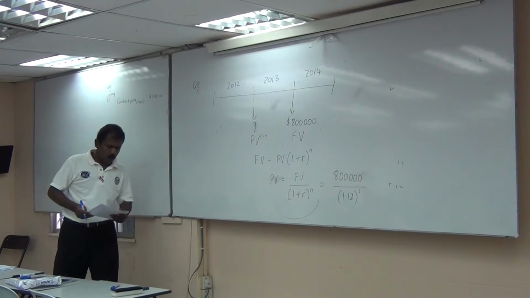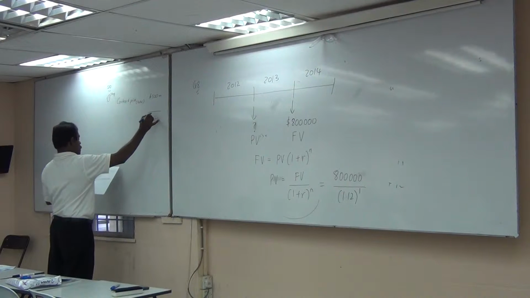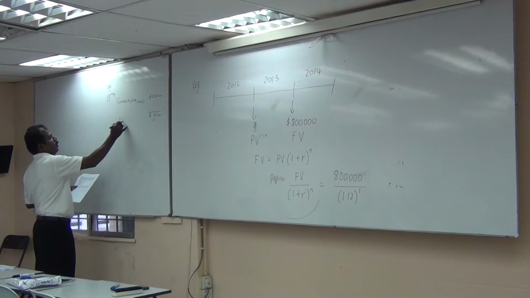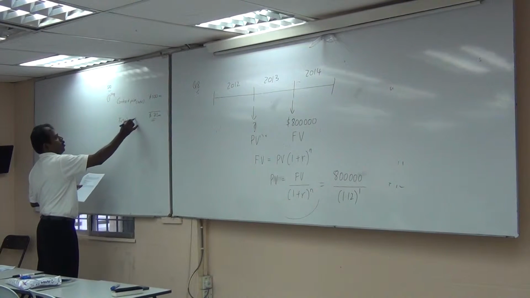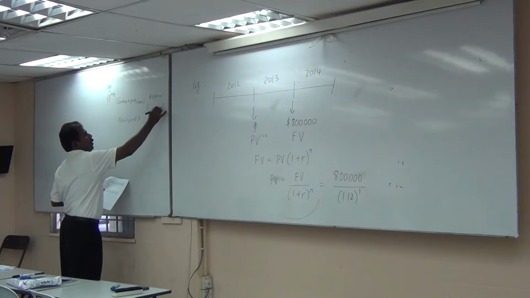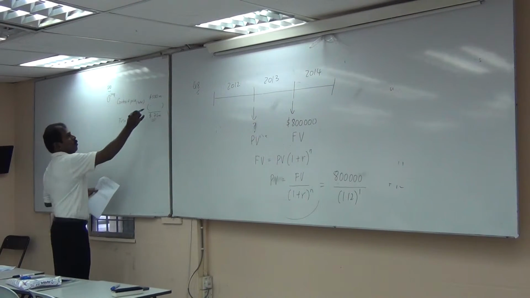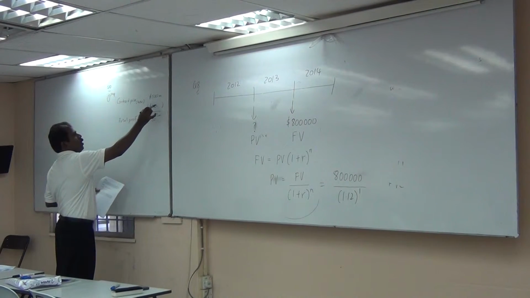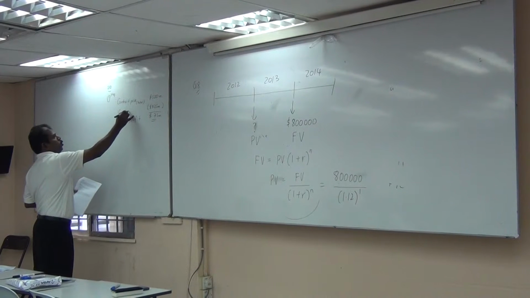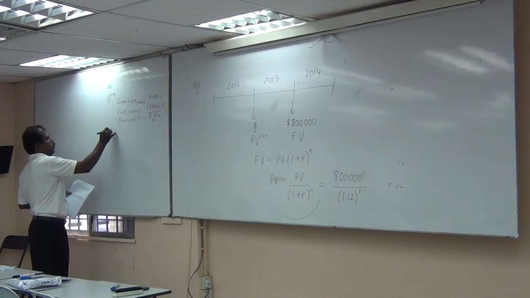What is the total contract profit? 75 million. So this is the total profit. So now very difficult one, very difficult calculation. How much here? That is your cost total. So first step.